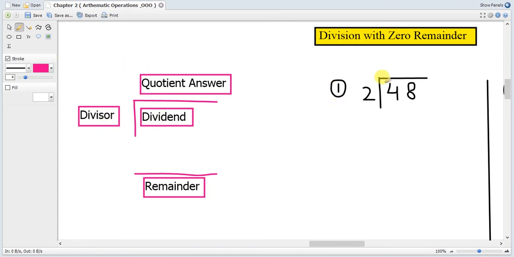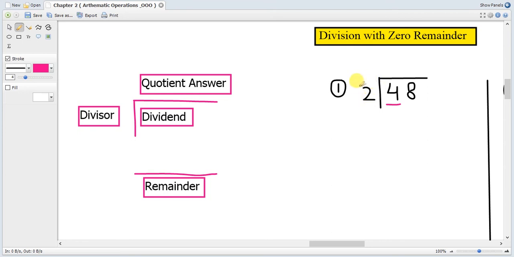Now moving back to our question. This is 48 divided by 2. First, this is collectively 48. We are going to split it as 4 and 8. So this number is 4. First we have to check whether this 4 is greater than this 2 or not. Since 4 is greater than 2, it means this 4 can be divided using the times table of 2.